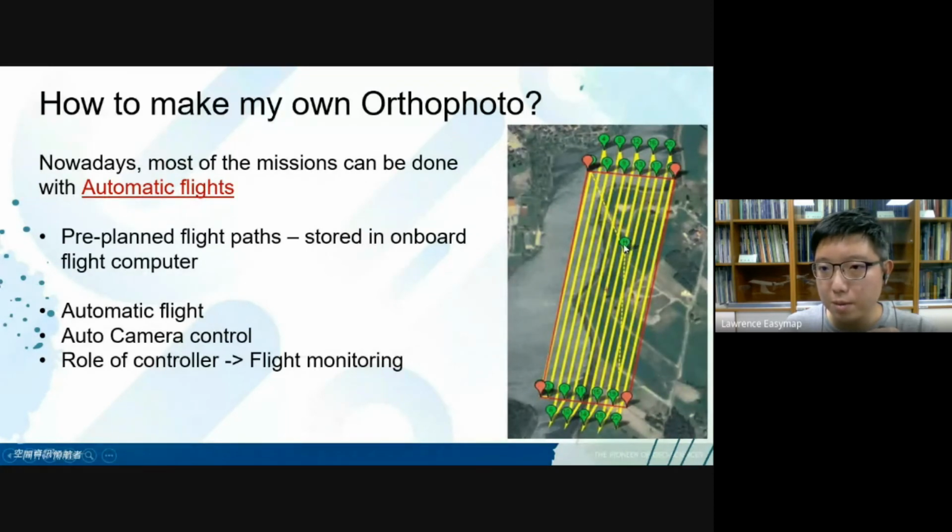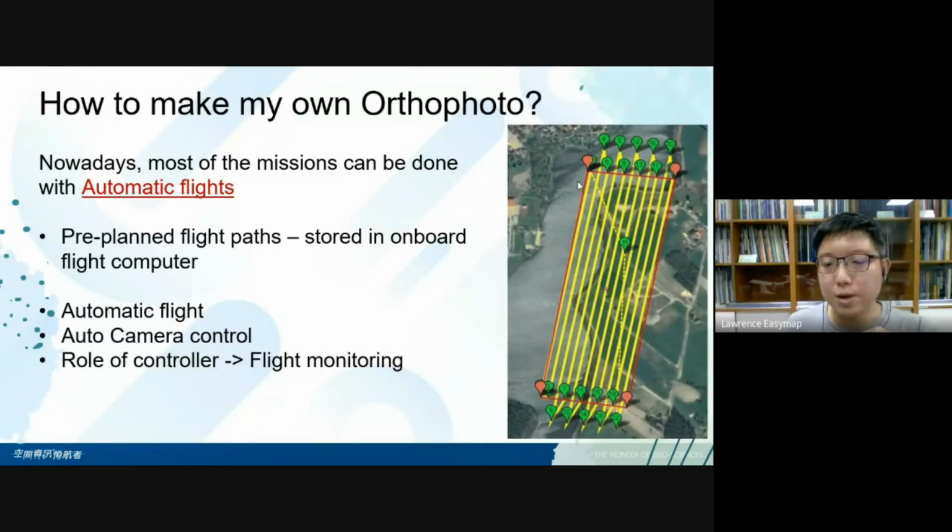We command the UAV to fly to the first checkpoint, and then turn around to fly all the way. And then, as in the video that I showed previously, the UAV will take pictures automatically according to the command. When it finishes all the routing, it will have taken a lot of pictures in this area, and everything can be done fully automatically.